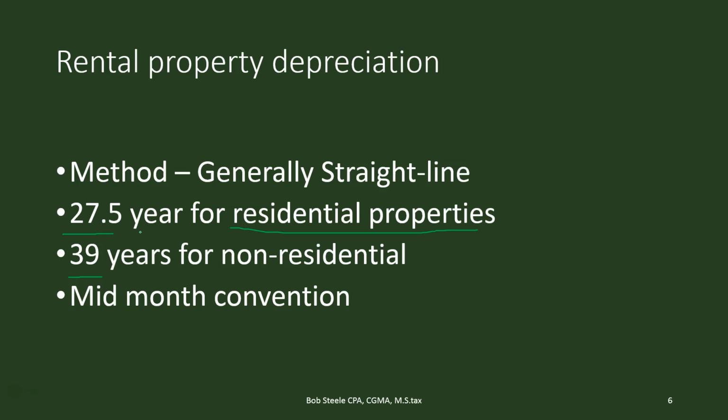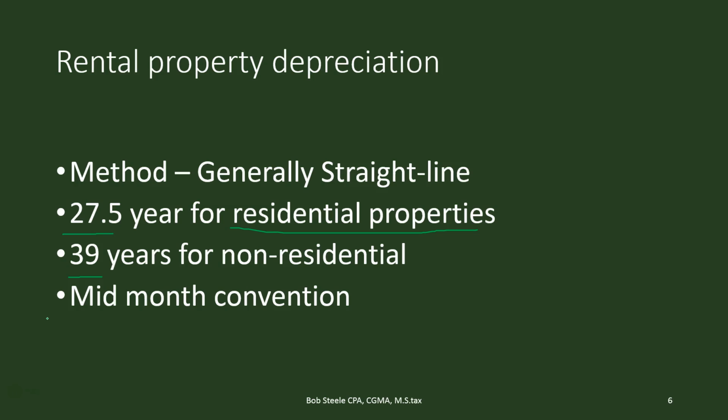And we also have to account for the mid-month convention, meaning that no matter what month we purchased it in, we're going to assume that we purchased it in the middle of the month. So if we purchased it on March 2nd, we're going to assume that we purchased it in the middle of March, so that we don't have to allocate the days.